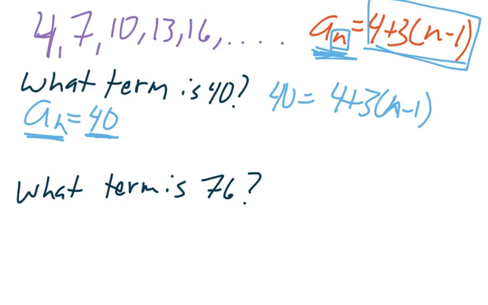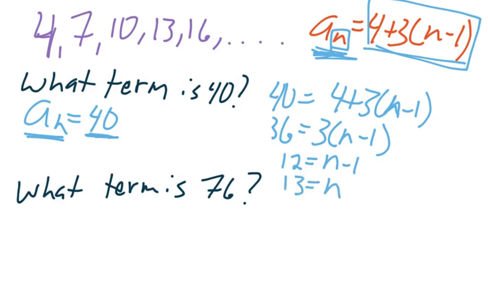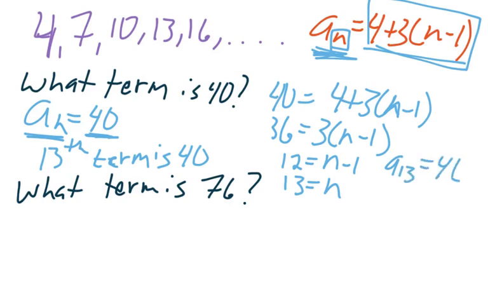If we subtract 4, we get 36 is equal to 3 times n minus 1. Divide by 3, 12 is equal to n minus 1. And then we add 1, we get n equals 13. So our 13th term is 40. Or we could also write that a of 13 equals 40.